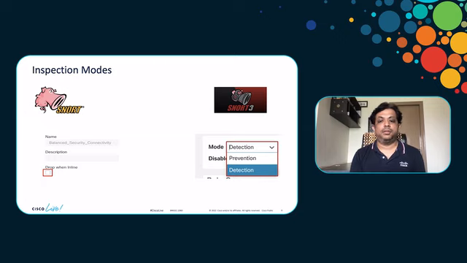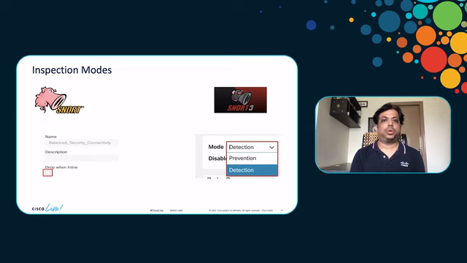Similarly, in the Snort3 world, when you create an intrusion policy, rather than having a checkbox as in the case of Snort2, you would see a drop down available which helps you determine the mode of operation. You can choose between detection mode and prevention mode. From a functionality standpoint, it is exactly identical to Snort2, but the naming conventions are a little different.